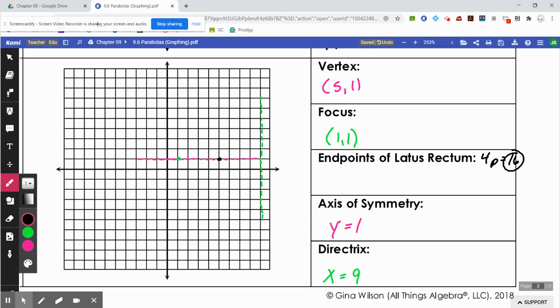I'm going to go 8 to one side, and I'm going to go 8 to the other side. I believe it's located right there. And those endpoints are going to be located at 1, 9 and 1, -7. Now all I've got left to do is connect my dots, and my parabola is going to look something like this.